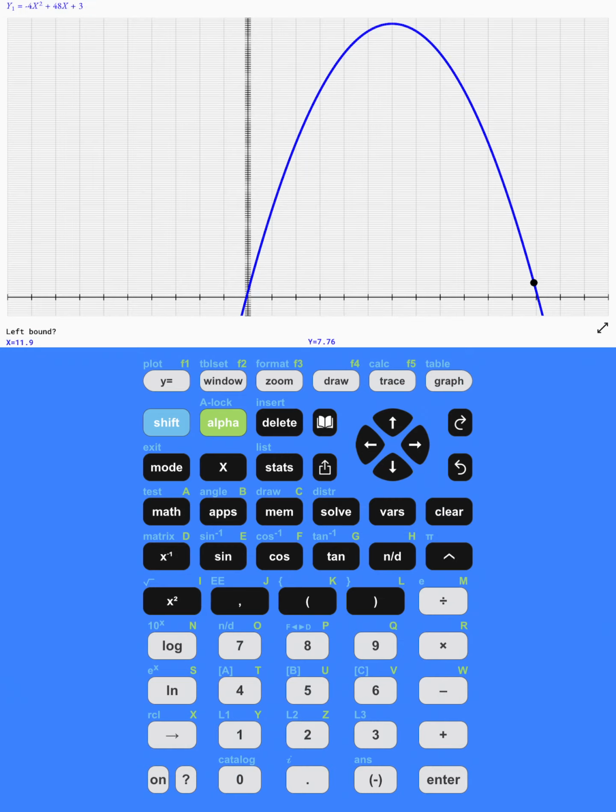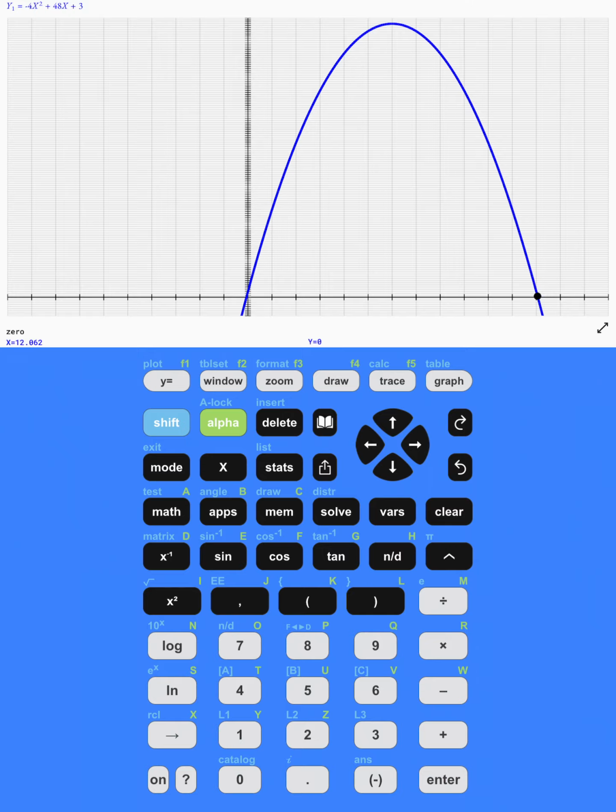Move your cursor as close as you can to your x-intercept, and as you move your cursor to the left, you should find that your y is positive. So press enter where y is positive. When y becomes negative, that's when it becomes the right bound. Press enter and enter again for you guys.